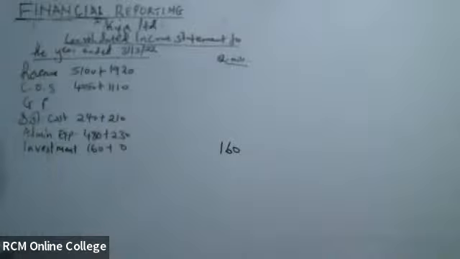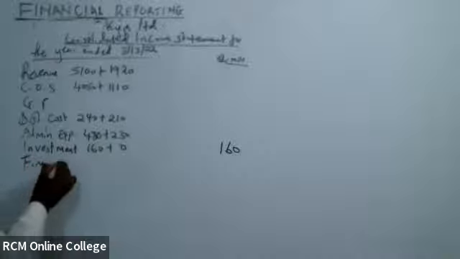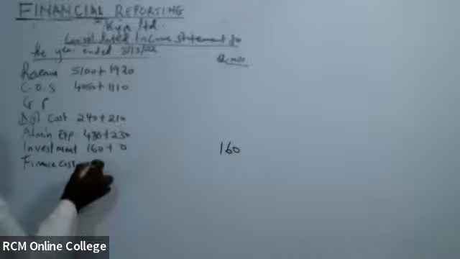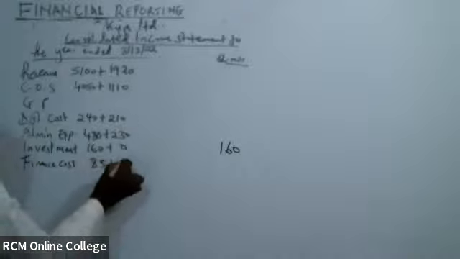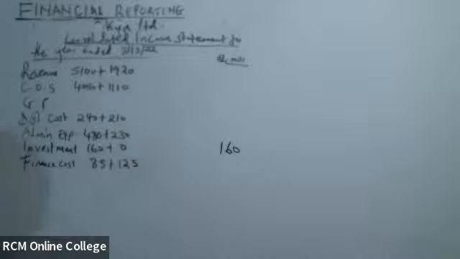Then what else do we have? Finance cost: 85, 125. If others are looking at the ceiling, class, this is what you'll be doing, please. It will really save you big. What else do I have?